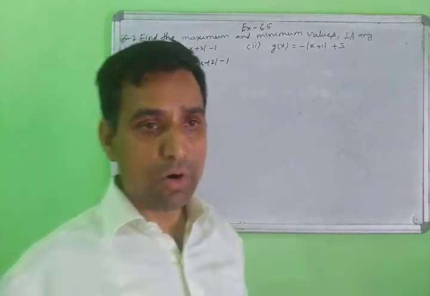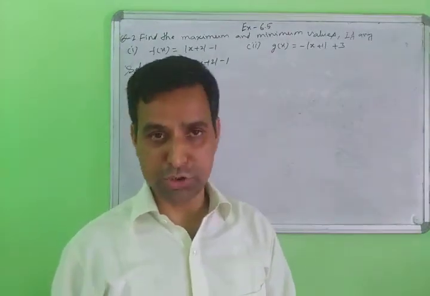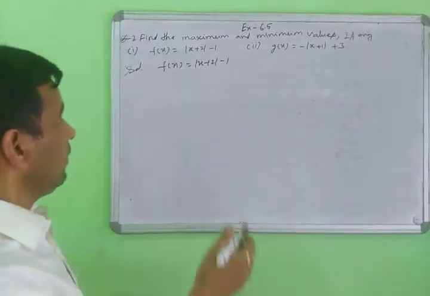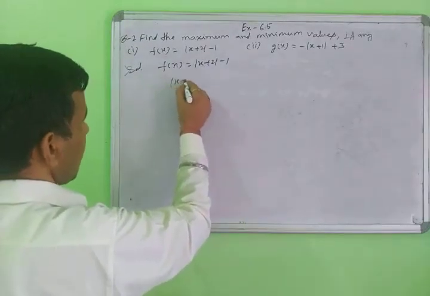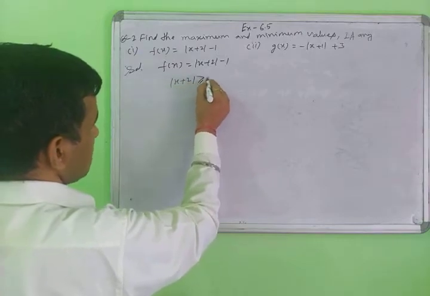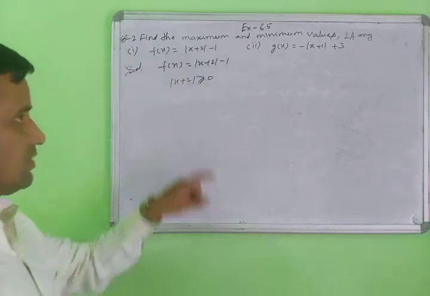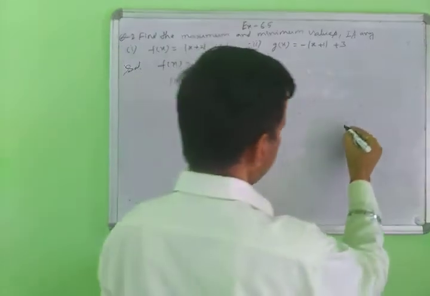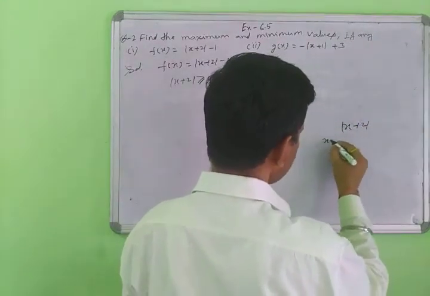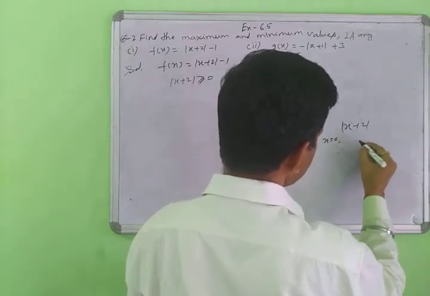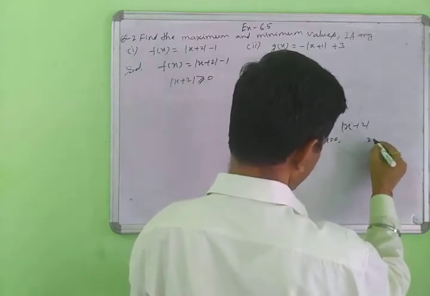When you remove the modulus, we convert it to the positive form. We know modulus of x plus 2 is greater than or equal to 0 in this function. Suppose you put x equal to 0, then the result will be 2.